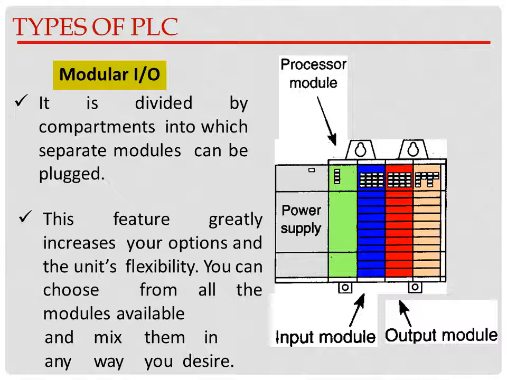So this feature greatly increases your options and the unit's flexibility. You can choose from all the modules available and then mix them in any way you desire. The medium PLCs and large PLCs are generally modular PLCs, while small PLCs are fixed PLCs.